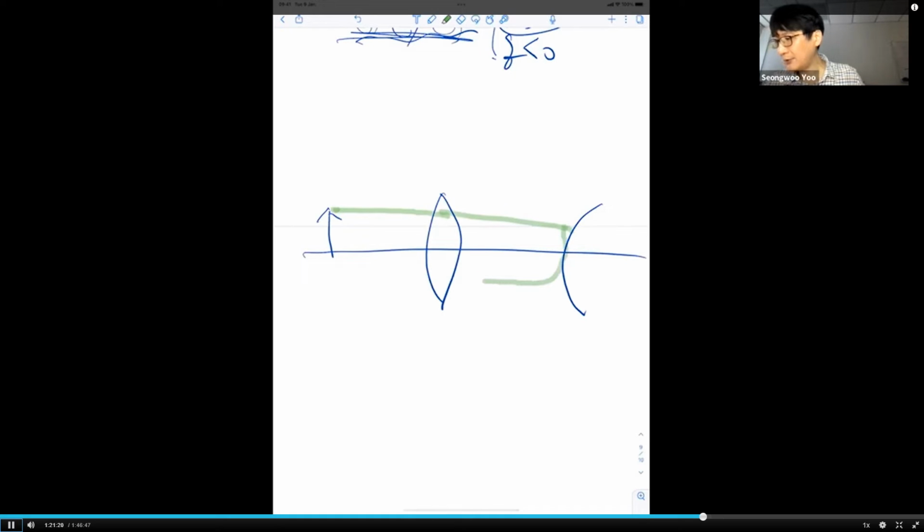Then it will hit this lens again and come out, and that's where we form the final image. So our ray flow direction is determined as this. First it will flow from left to right, and then after this mirror, it will flow from right to left.